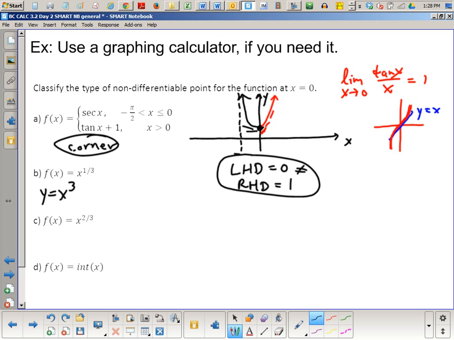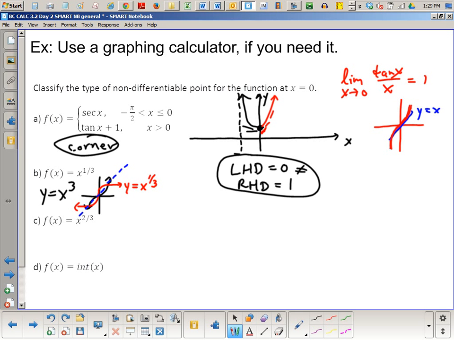What does x cubed look like? We just talked about it, right? So what does x to the 1/3 look like? Right? Isn't it true that when you do an inverse function, all you do is just reflect over the y equals x line?